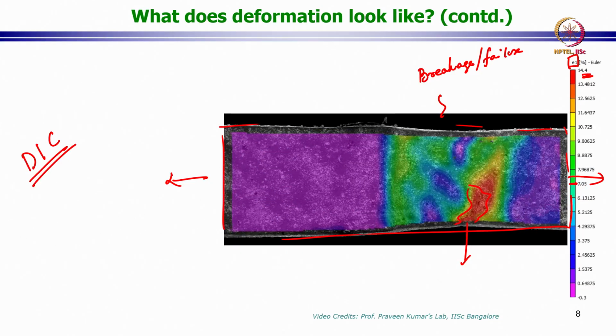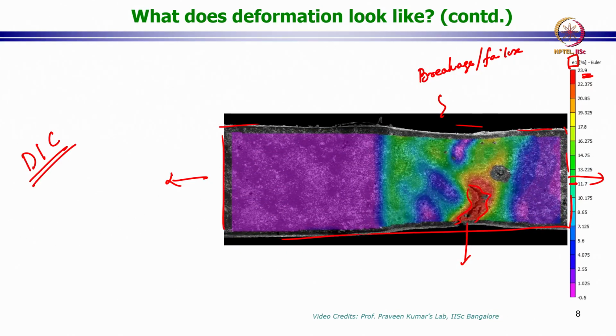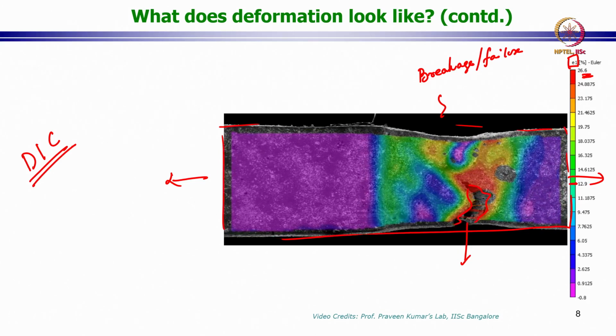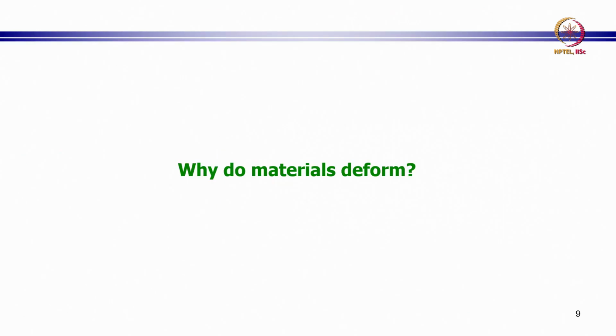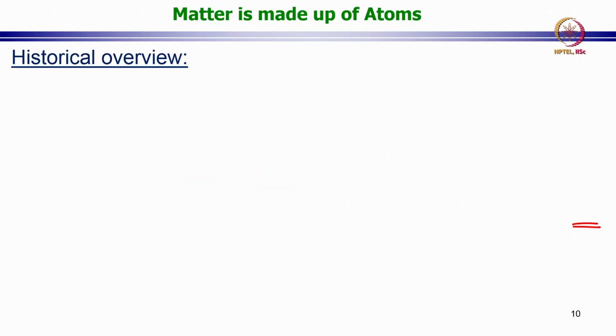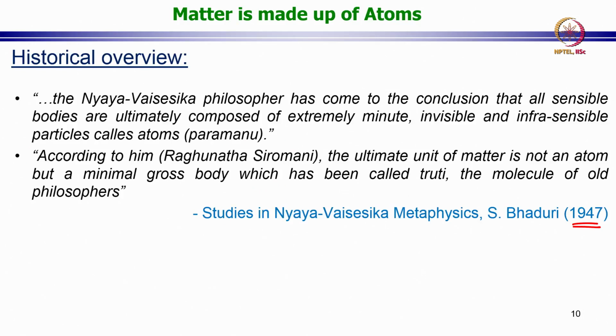So we got some idea of the deformation aspects, and I told you that I will be covering mostly the deformations in the fluid mechanics realm, whereas my colleague Kaushik will be covering deformations in the solid mechanics realm.